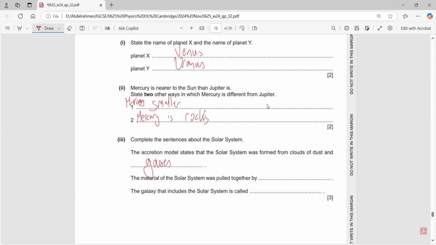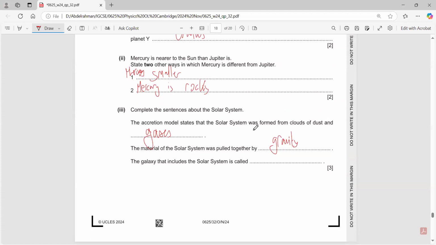Any two things can get pulled together in space by gravity. Yes, by gravity. The galaxy that includes the solar system, our very own galaxy, is called the Milky Way.